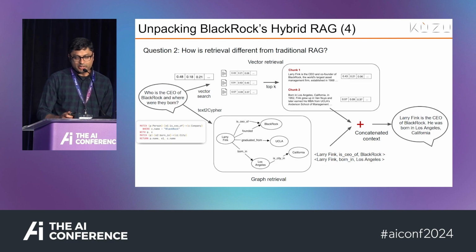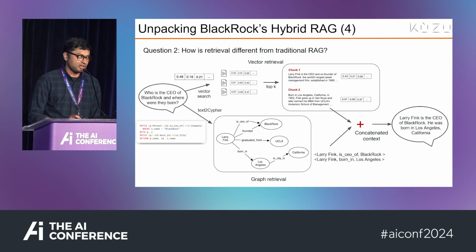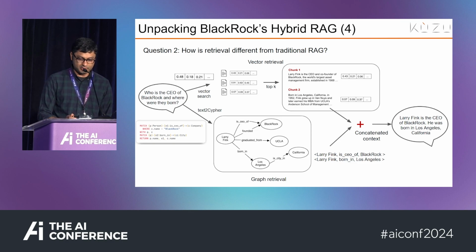You can imagine scenarios where you have a question where the facts are quite far apart in the text, and you may have mentions that are not as clear as explicitly saying Larry Fink was born in Los Angeles. That's exactly where the graph is useful, because it explicitly provides the context to the generation model in a way that it might have missed via pure vector retrieval.